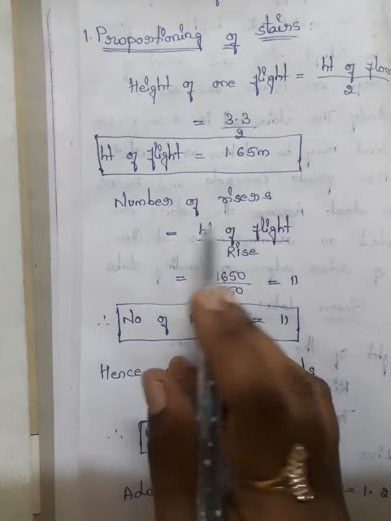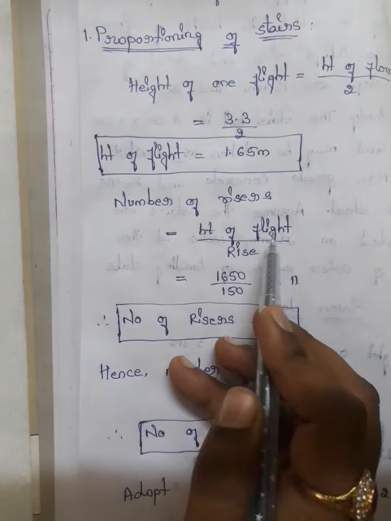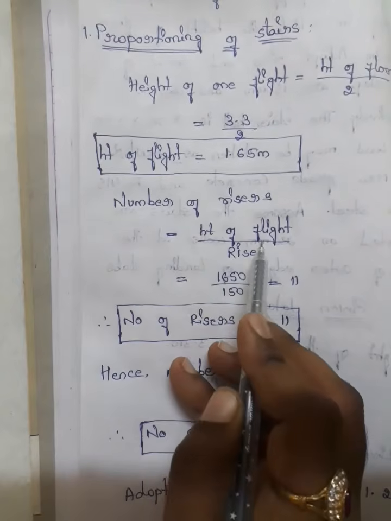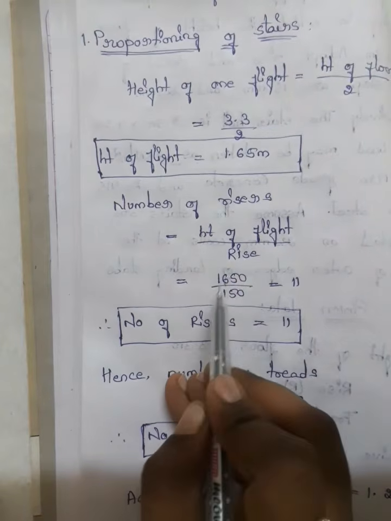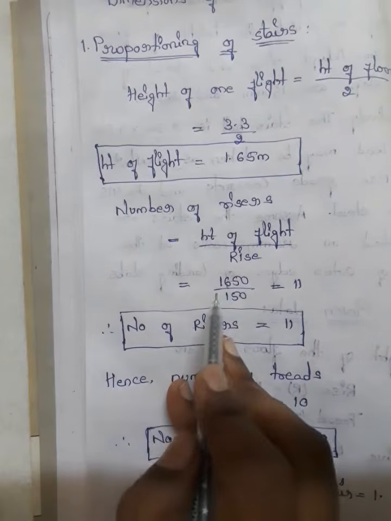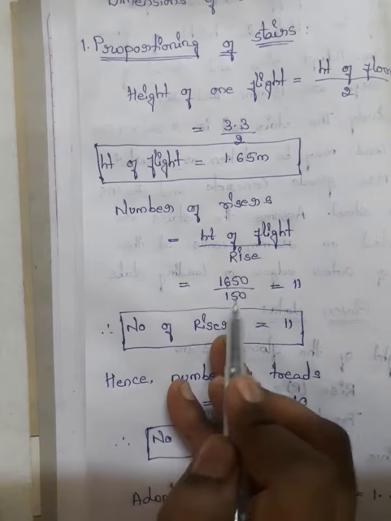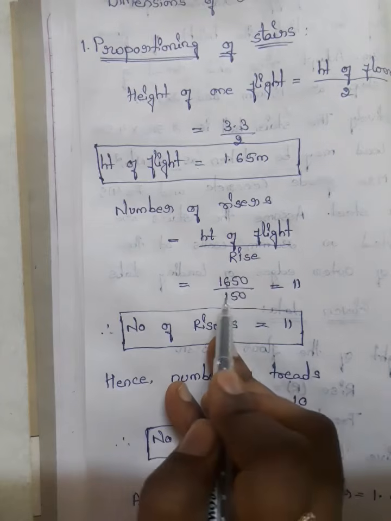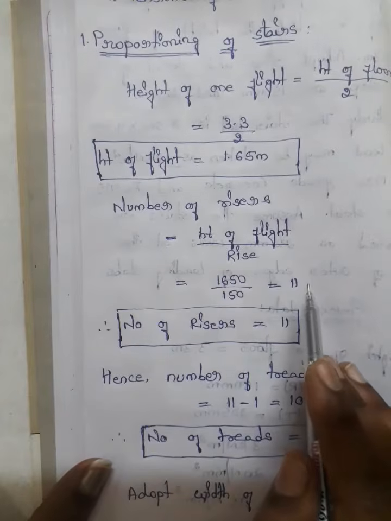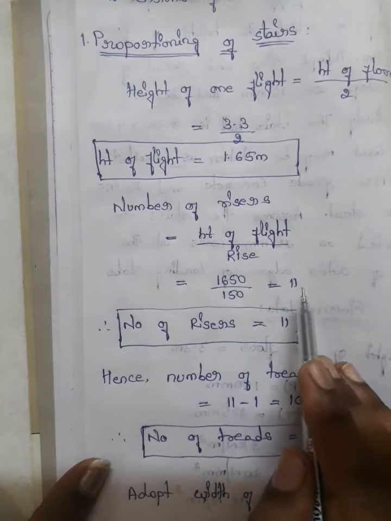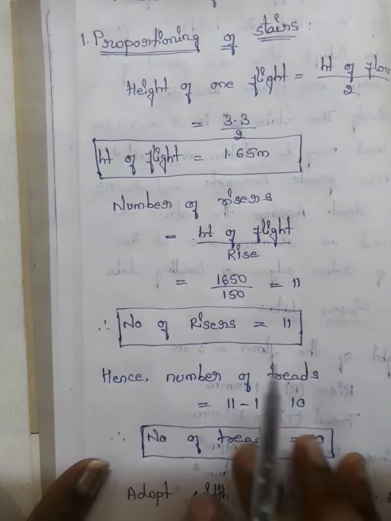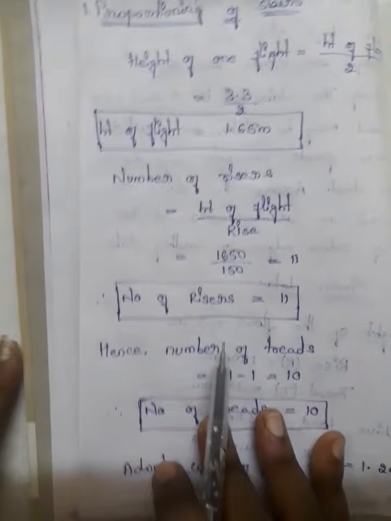So number of rises is equal to height of one flight by rise. Height of one flight, how much? 1.65 meters, which is 1650 mm, by rise, 150 mm. So 1650 by 150 is equal to 11. So number of rises is equal to 11. Now we'll find how many treads.